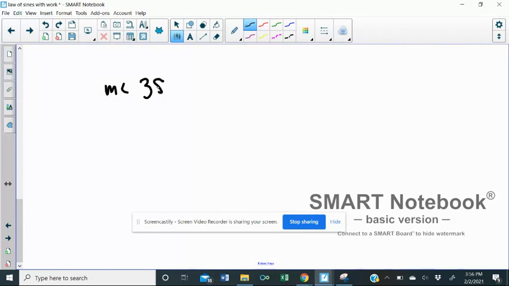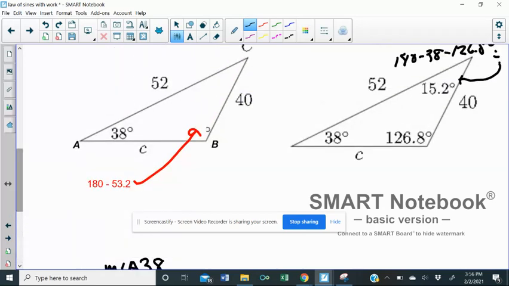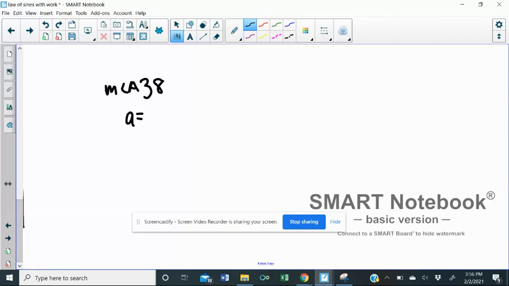Sorry. They gave me little a to be 40. And they gave me little b to be 52. Okay. So the first thing I kind of draw this thing going down like that because I have two triangles here.